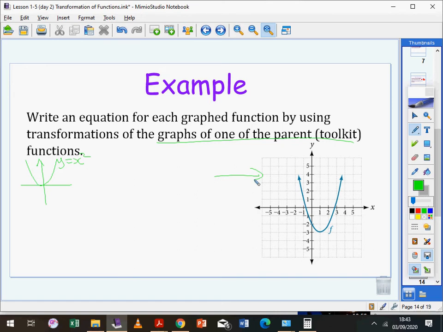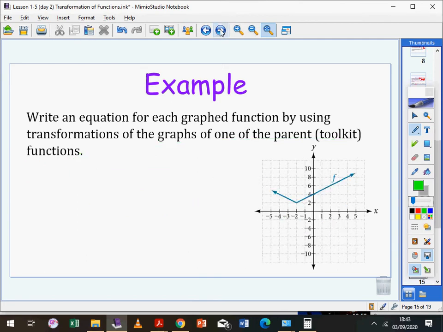So, I'm trying to figure out what happened to this poor parent. Initially, its origin was right there, but it was moved 1 unit to the right and 3 units down. And I hope you remember that moving the function 1 unit to the right is the same as subtracting 1 from the x value, and the 3 units down is minus 3. So this is the equation of the graph that I see on that grid.